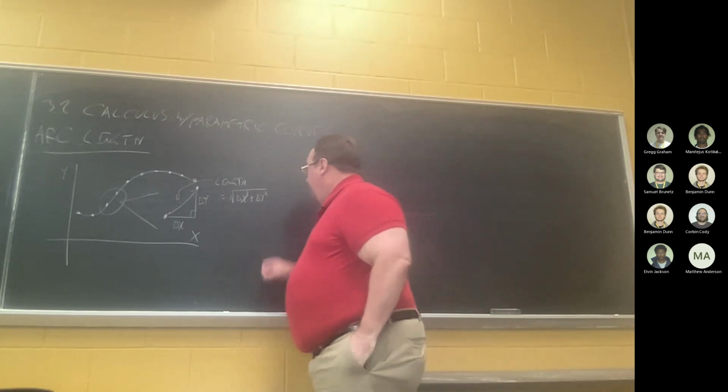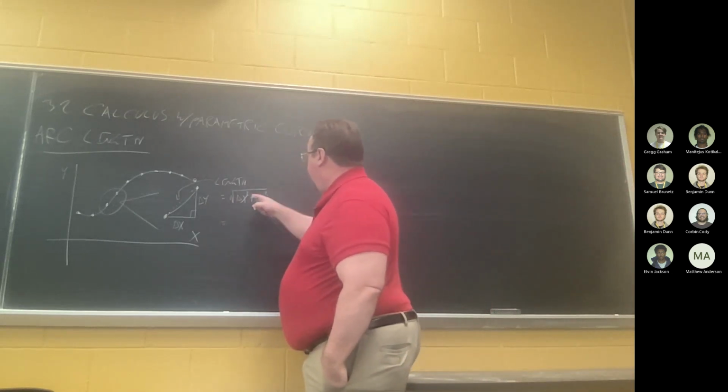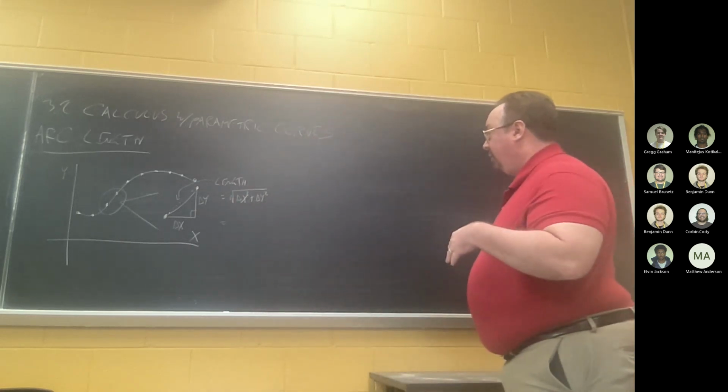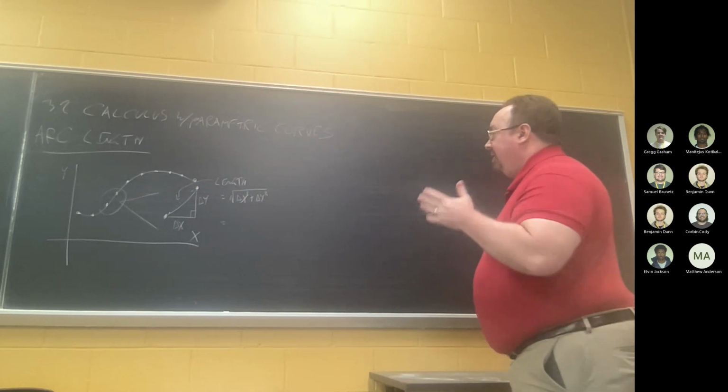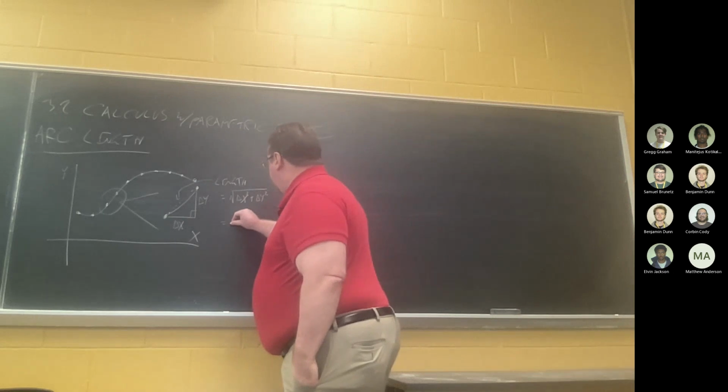What I could do with this expression is factor a delta x squared out from the square root sign, which actually means factoring out just delta x outside the square root sign.